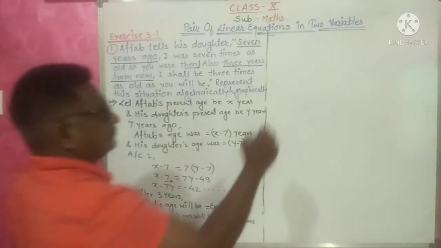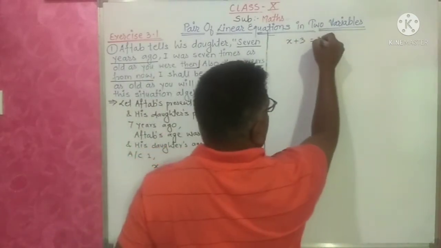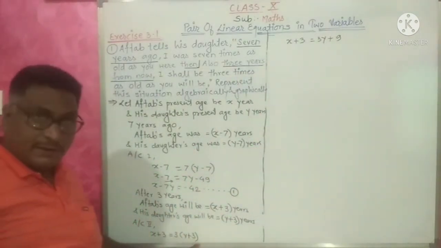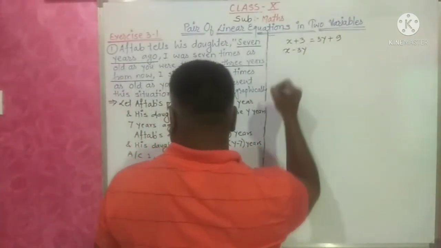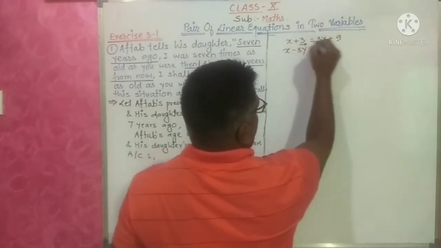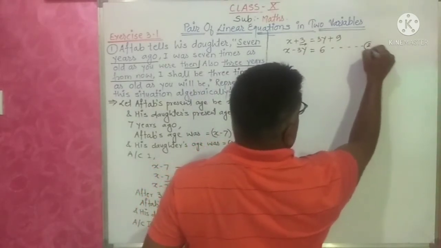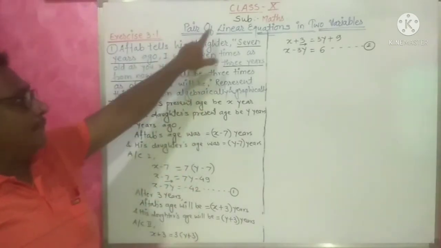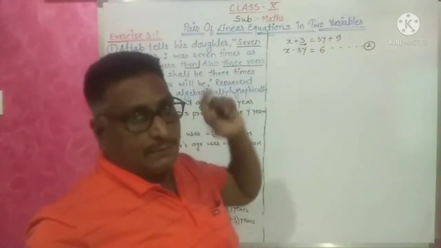So simplify this: x plus 3 equals 3y plus 9. Multiply this number with each term of the bracket. So x minus 3y equals 9 minus 3, which is 6. This is equation number 2. We got a pair of linear equations, two equations, in two variables.